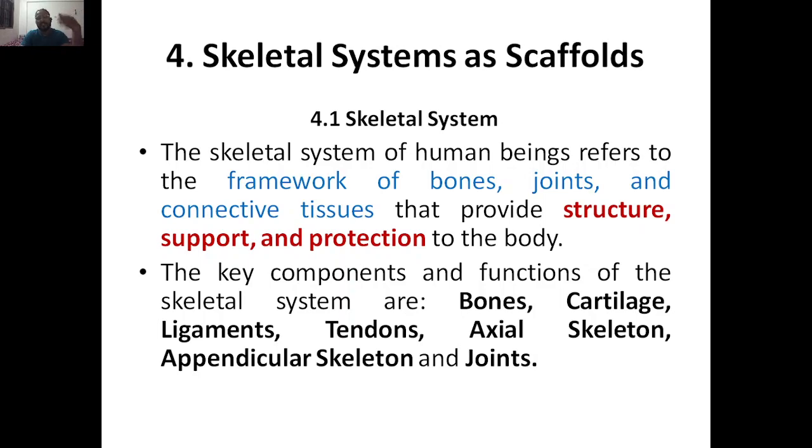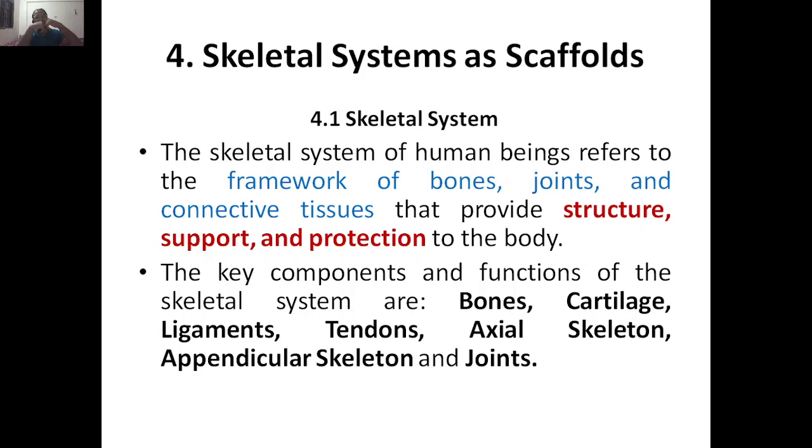So the skeletal system gives the introduction to this topic. The skeletal system of human beings refers to the framework of bones, joints and connective tissues that provide structure, support and protection to the body. Now, what are the key components of the skeletal system? We know that bones are there, cartilage is there, then ligaments are there, and between one bone and another bone the joint will be there.